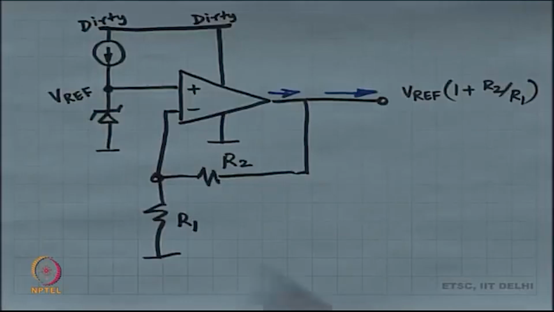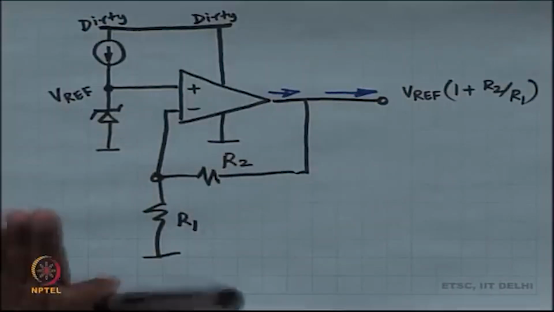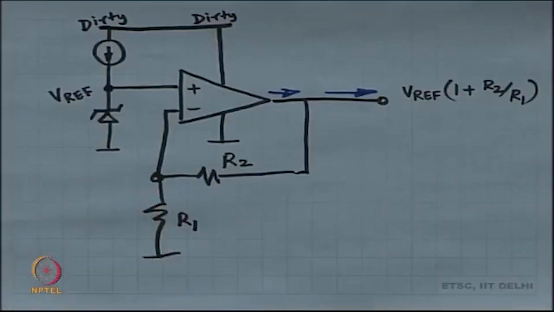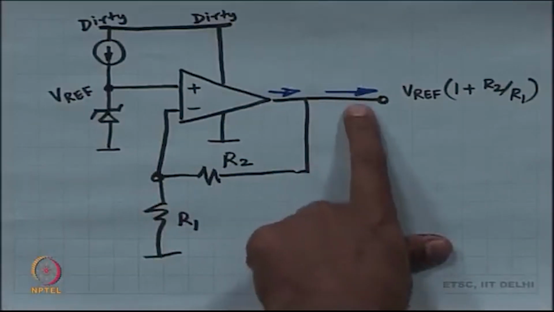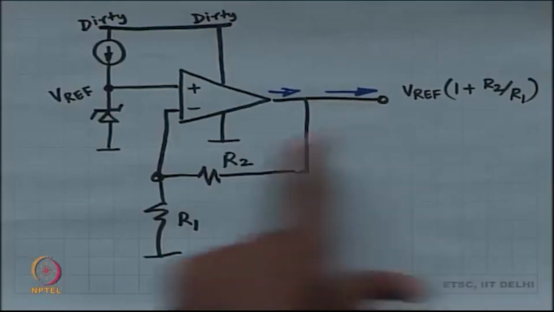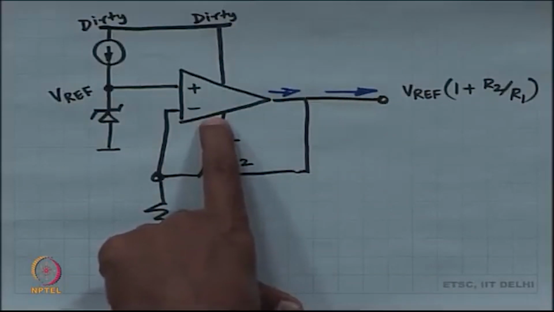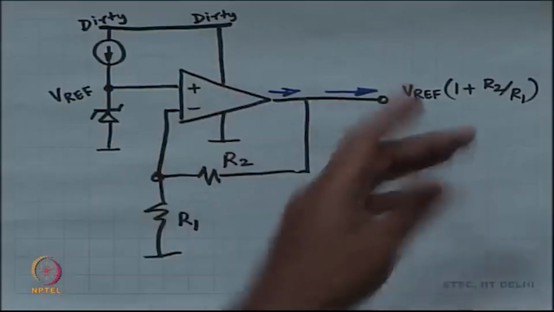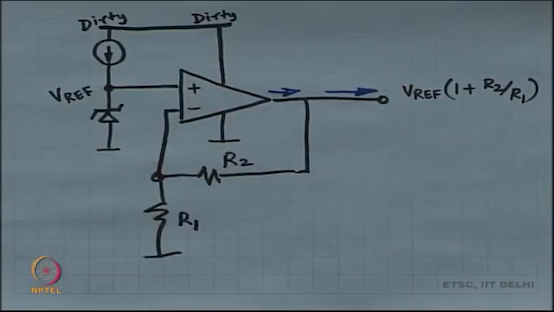This circuit works, but it can't drive a strong load. It can drive only as much as the op amp can provide. The op amp output current is somewhat limited, because you have to design the op amp, the differential amplifier, all of that.